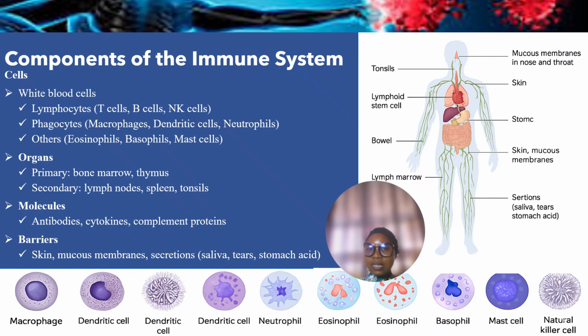The T lymphocyte is made up of two types. We have the helper T cells, which coordinate the immune response, and we have the cytotoxic T cells that kill infected or abnormal cells. So together you can say the T lymphocytes coordinate the immune response and also kill infected or abnormal cells.